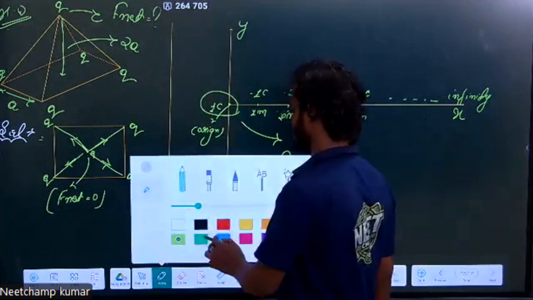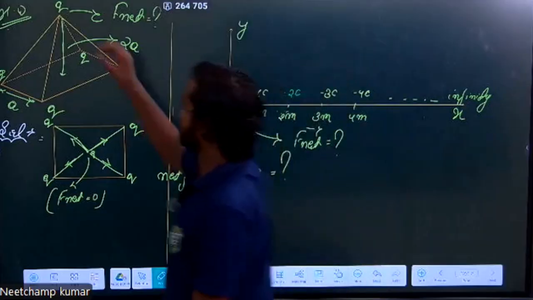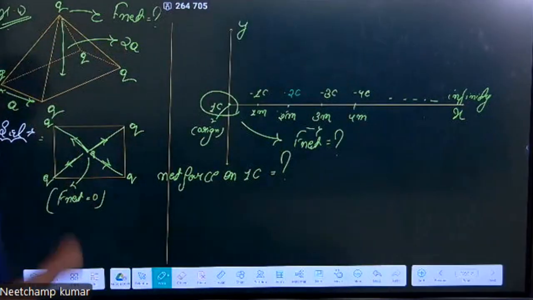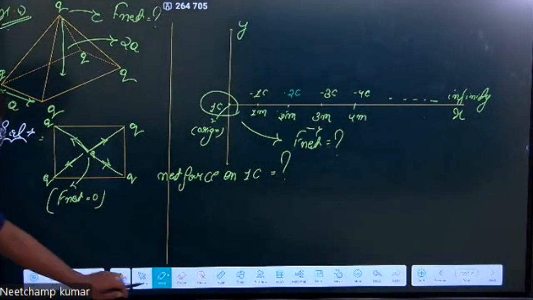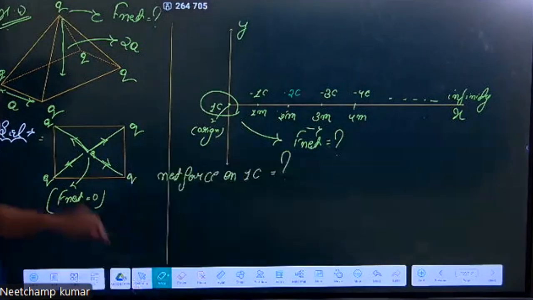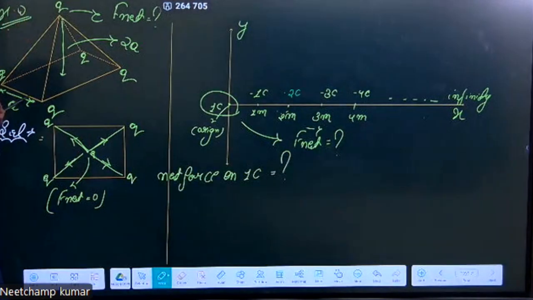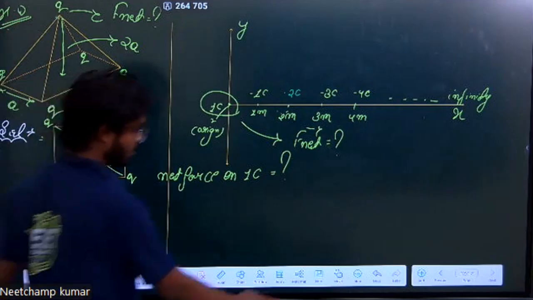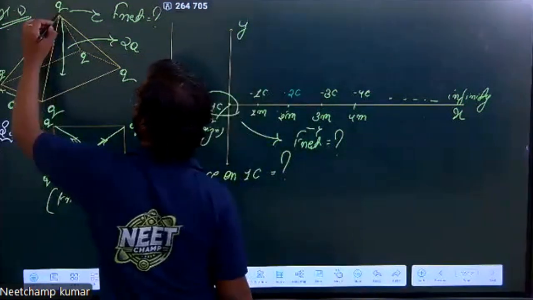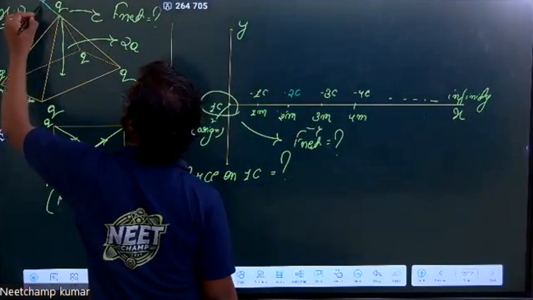But let us apply the 3D concept which we have seen. See, if you try to see this question in 3D, this is a charge Q, right? And all the four corners have a charge Q. So this charge Q will apply a force on this charge in this direction, right?